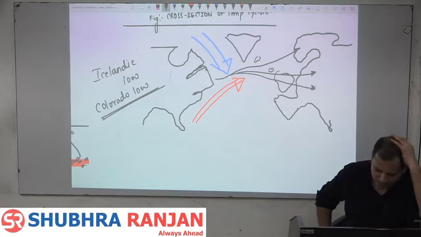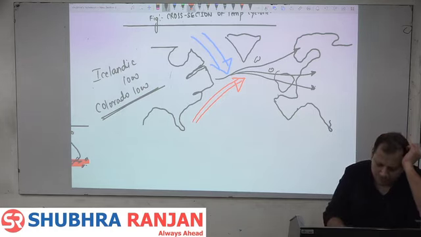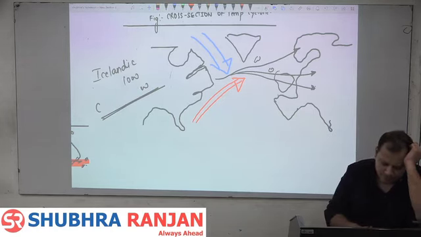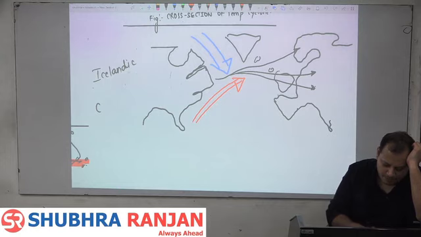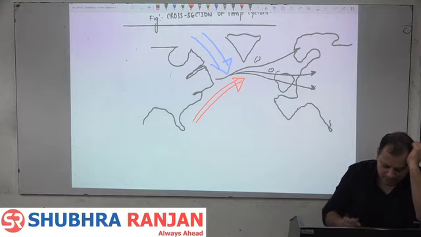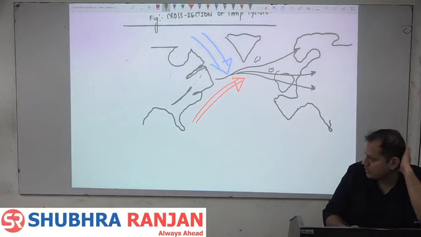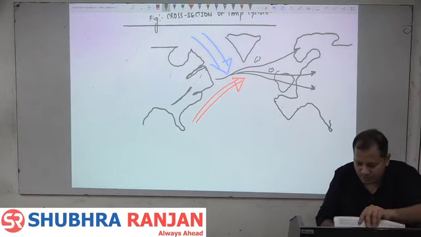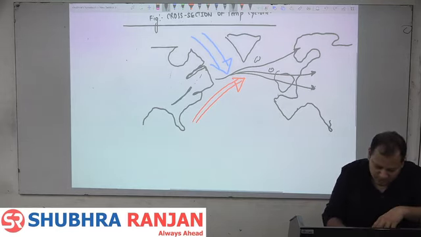Gulf of Mexico. The cyclones, after originating here, move towards Appalachian Mountains.